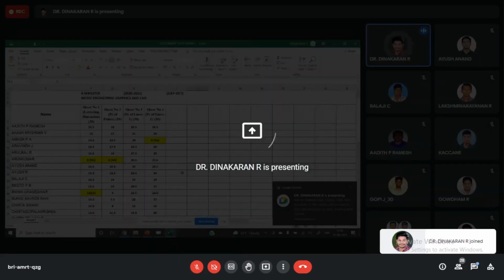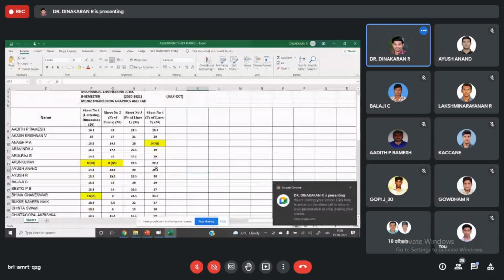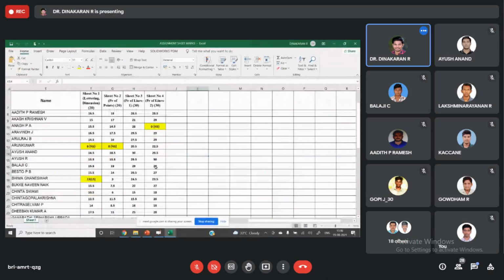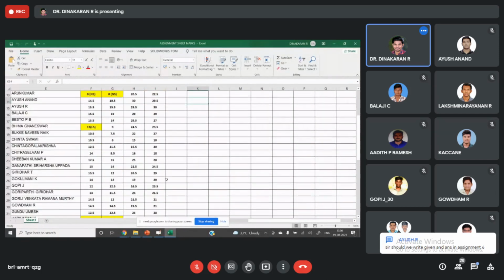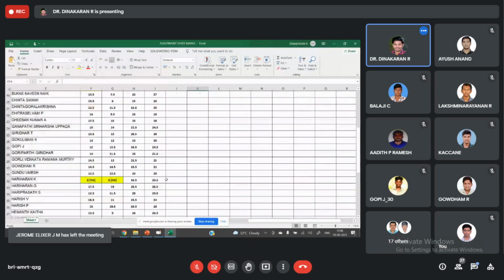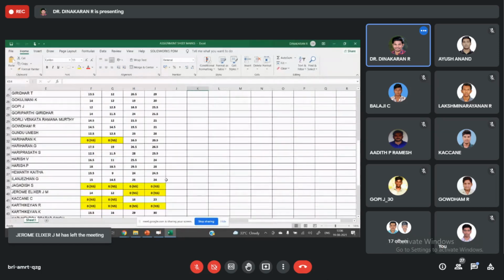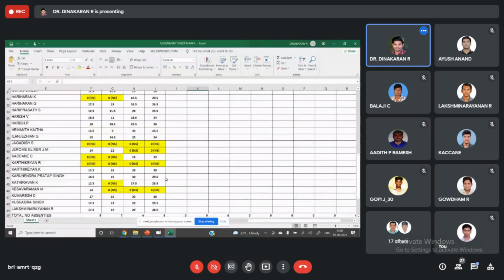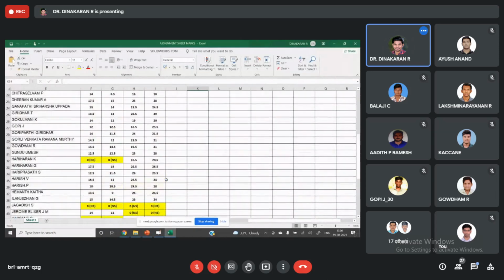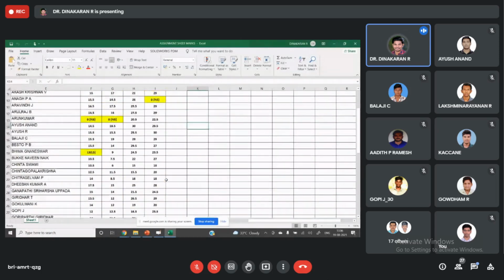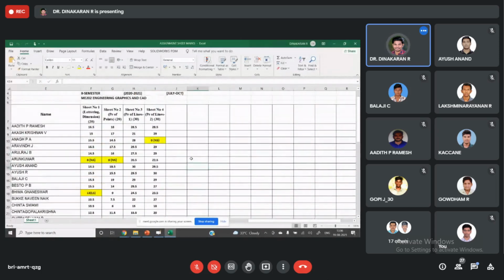You can note your sheet number 3 and 4 marks. This is your sheet mark.